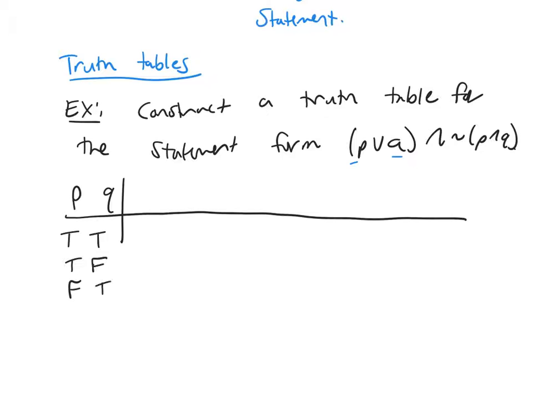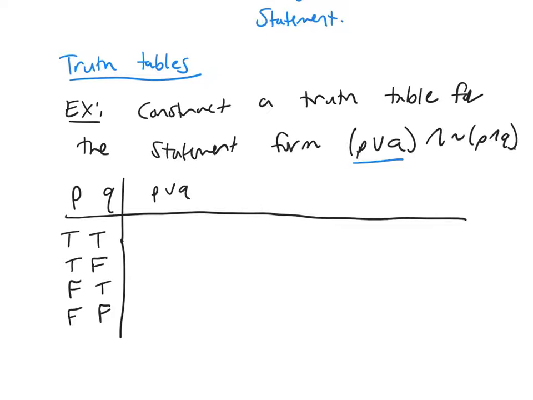True, true, true, false, false, true, false, false. Okay, I've got my 4 rows in my truth table, and now we're going to start by constructing these pieces that we need. So if I look at my statement form, I see that I'm going to need P or Q. So let me make a column for that.